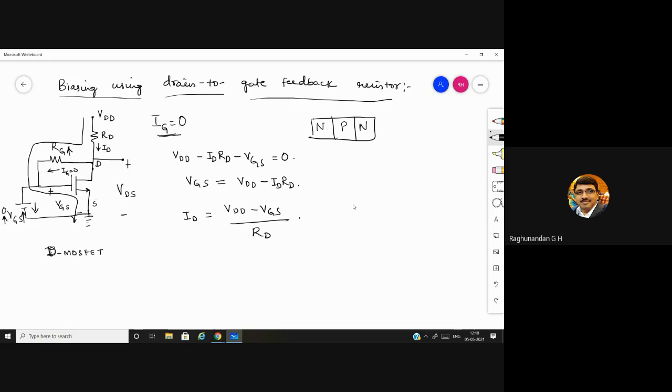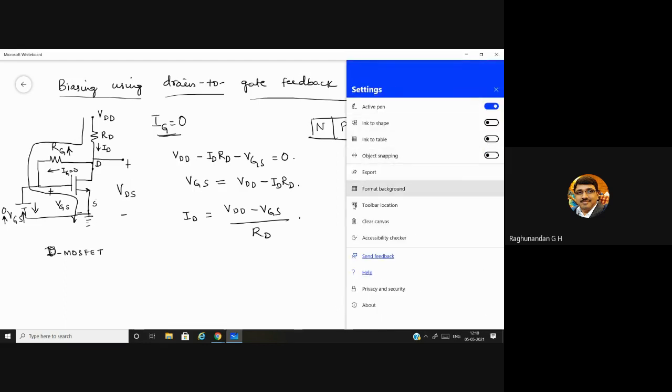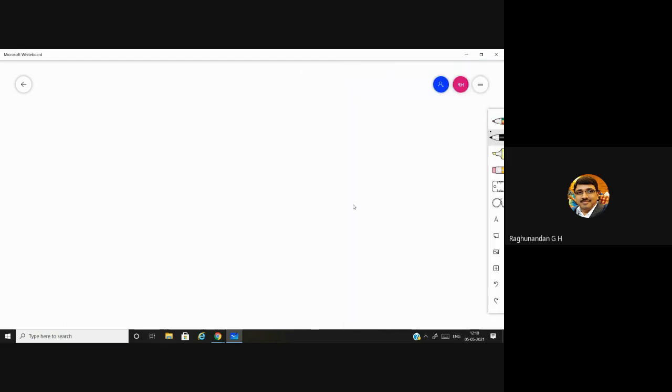Until you fix this value, this current is going to vary. After that, it will be working fine. Okay, so this is about the drain to gate feedback. Next, based on this, we have some problems. Whatever we have done, we have some problems based upon the topics. Let us do those problems and we'll see.